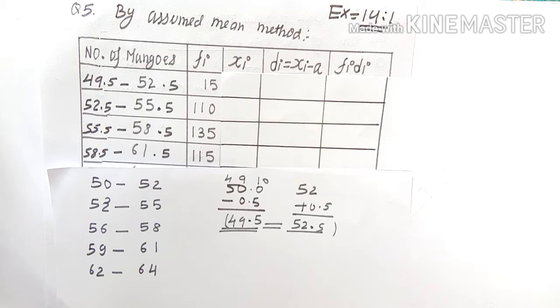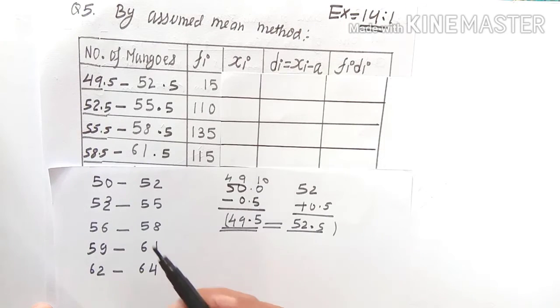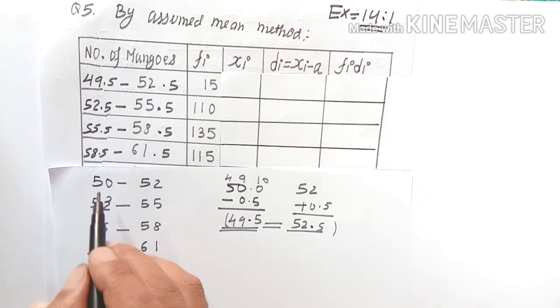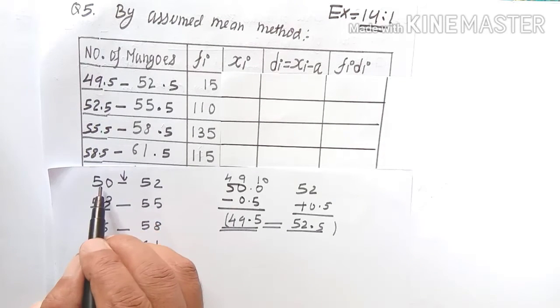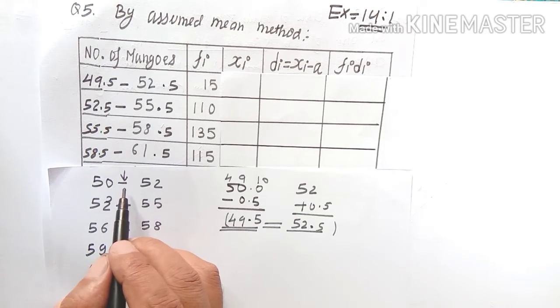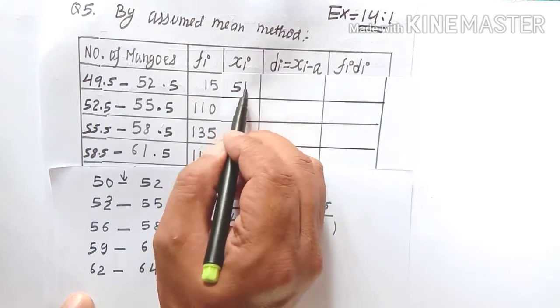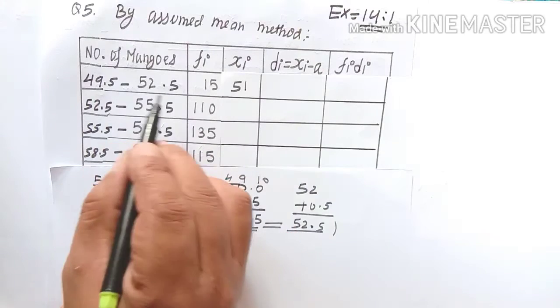Now comes the third column, that is the class mark. How to get a class mark? Either you can use this class interval, or if not this one, this will be more convenient to find the middle value: 50, blank, the next value 52, and the missing value is 51. After that, just see the class size.